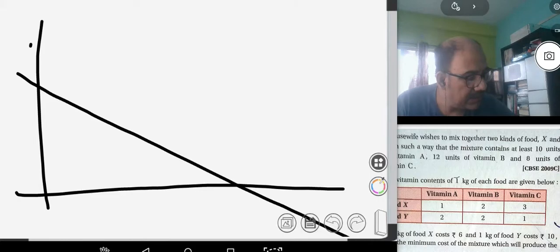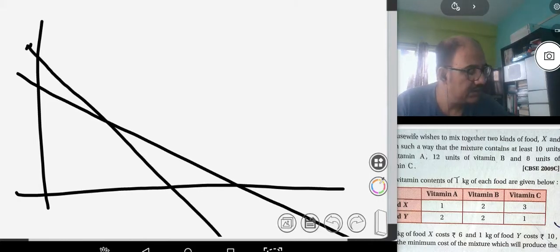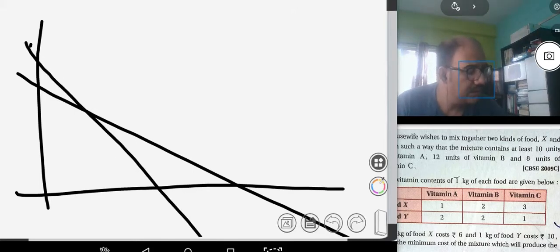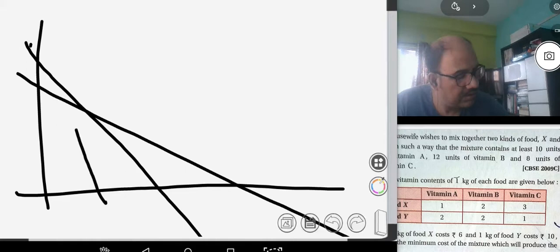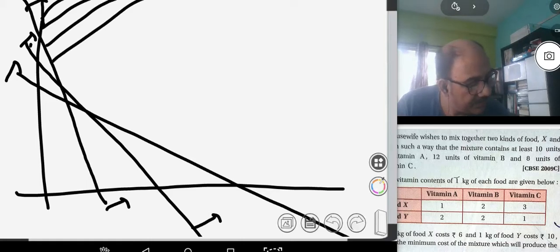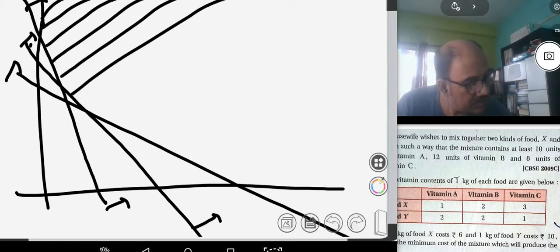The second line was like this. And the third line was like this. So all three are away from the origin. So it gives the feasible region. This is the feasible region.